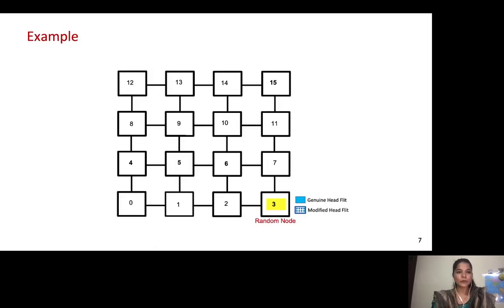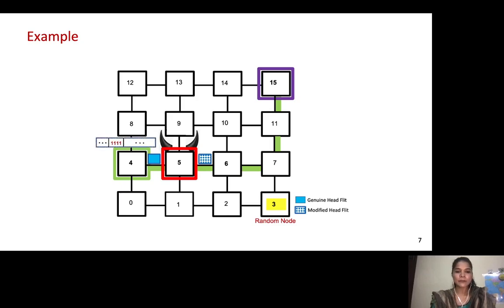Let me walk you through an example to understand the threat model. Here 4 is considered as the source tile, 15 is considered as the destination tile, and this is the green path that should be followed in order for a packet to reach from 4 to 15. When a genuine packet starts traveling, it gets through the HT infected node, that is 5 in this example, and it changes the destination ID to a random node 3.